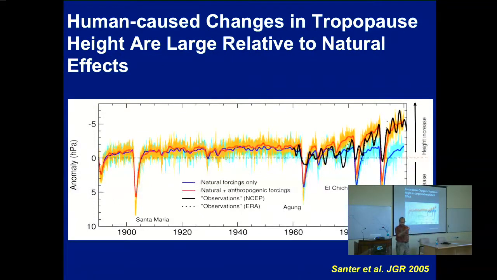So, for various reasons, it is not easy to diagnose the tropopause height in certain locations. Okay, can you tell me what locations you may not be able to pinpoint the tropopause height?